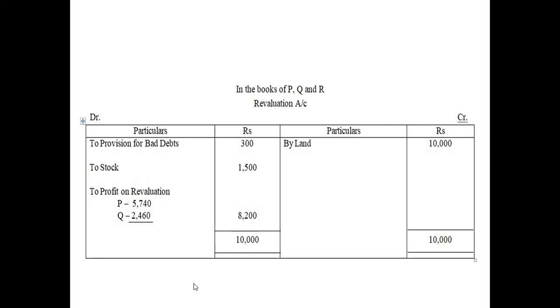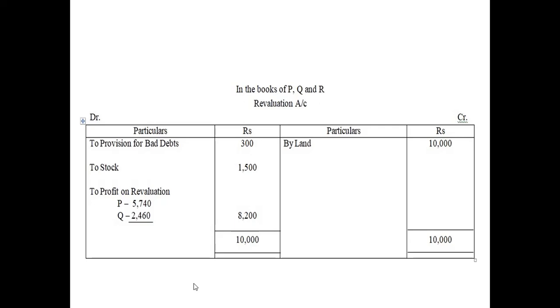Okay, so we have to calculate the provision, 4% of 20,000. Whenever we calculate the provision, we have to calculate on the original value of the debtors. Remember this. We never calculate the provision on 19,500, because this 19,500 is the value we get after subtracting the provision.